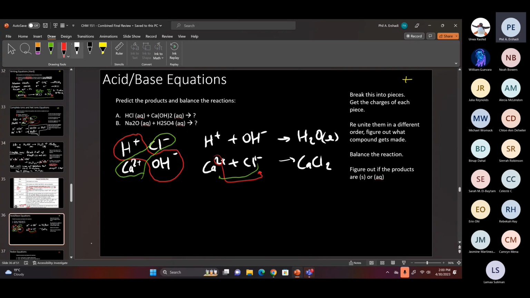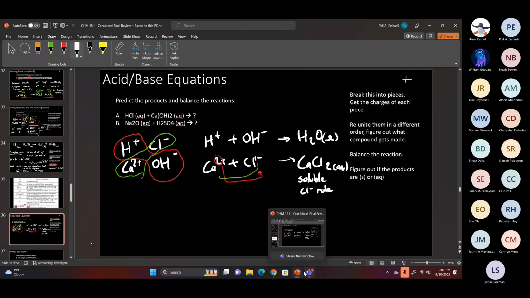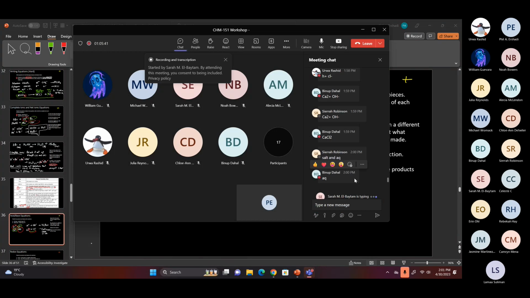Now we don't have silver or lead or mercury, so we're going to say this is soluble, and we'll say AQ after it. And the reason it's soluble is because of the chlorine rule. Right. A lot of you caught that too. So good work on that one.